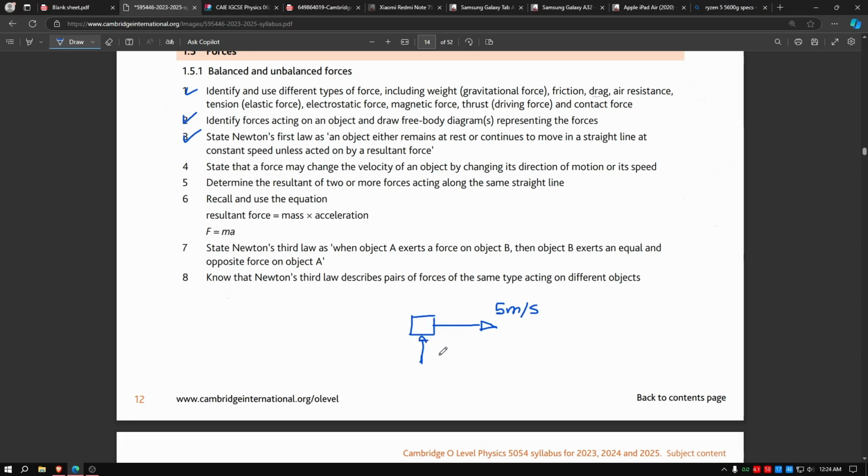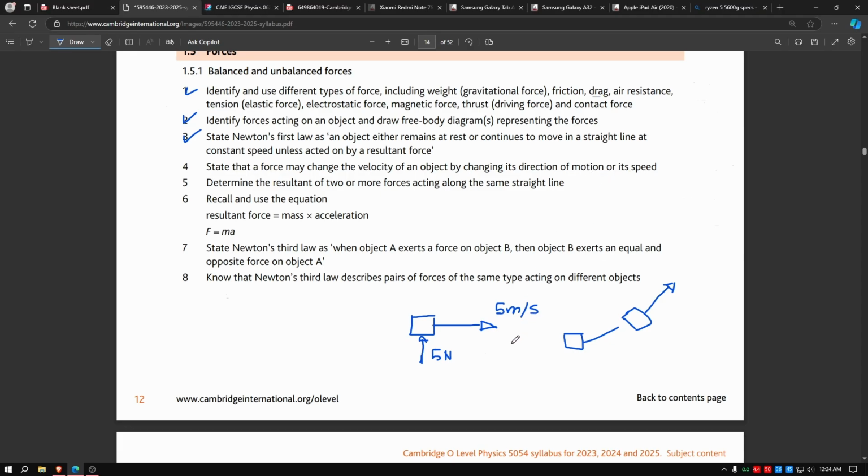So if a force of 5 newtons is applied, the box is traveling to the right, then it will change its direction of travel. So after the force is applied, the box will travel this way. It will face upwards and keep traveling this way. So it changes direction of motion or its speed.